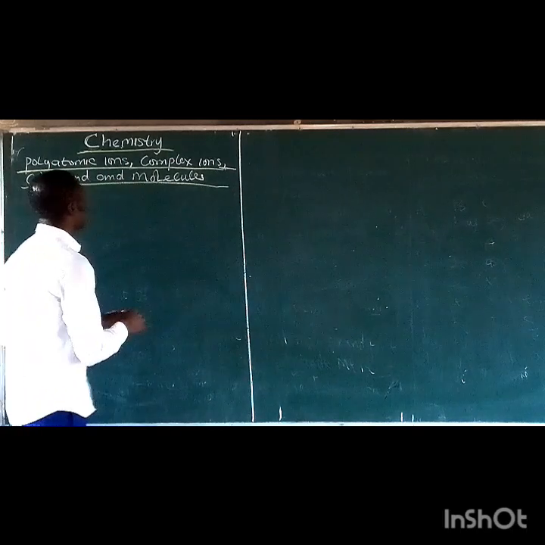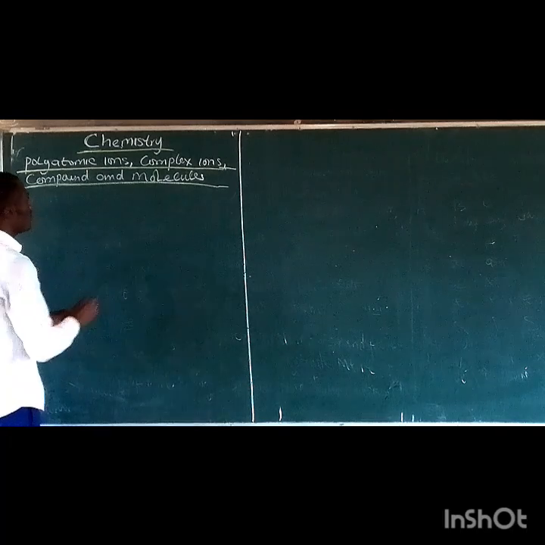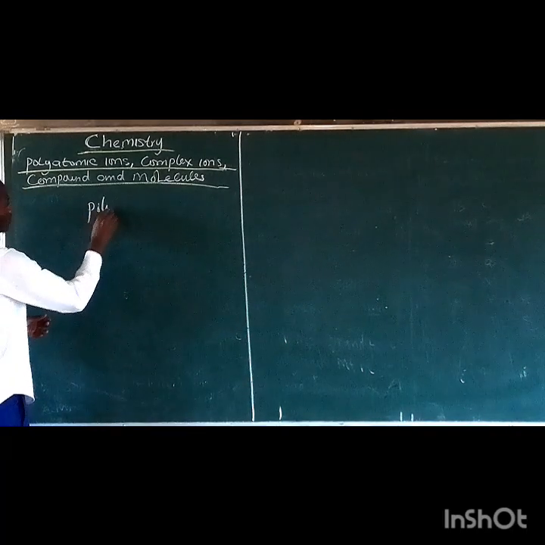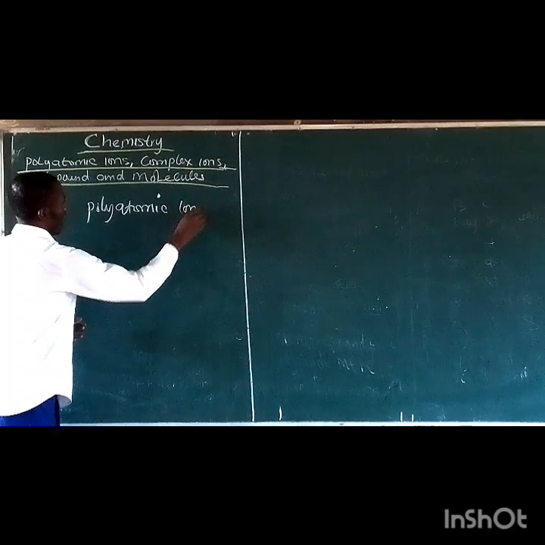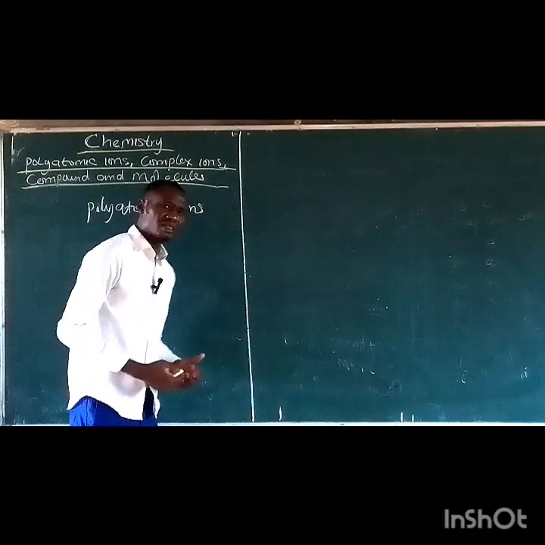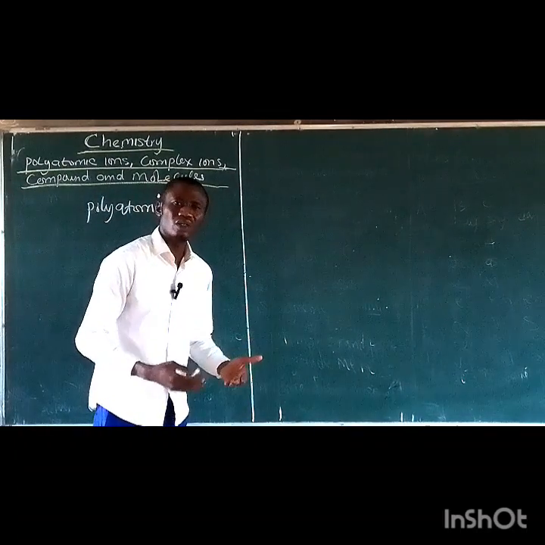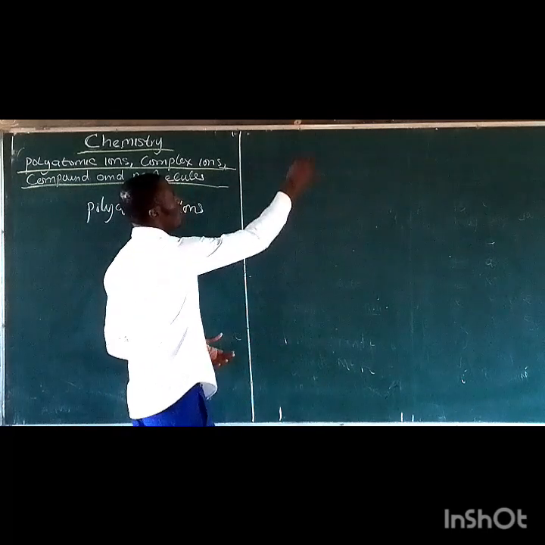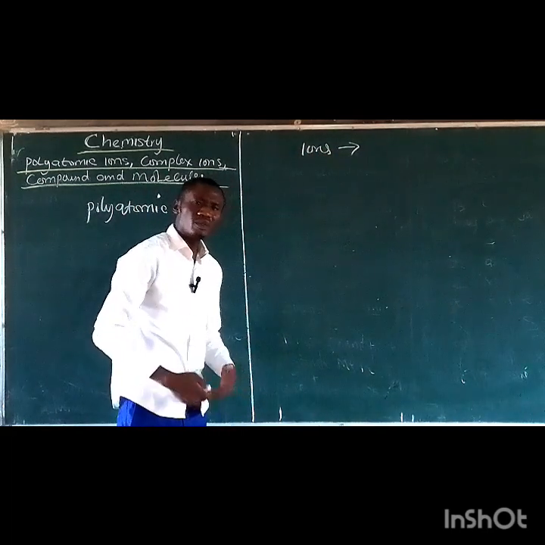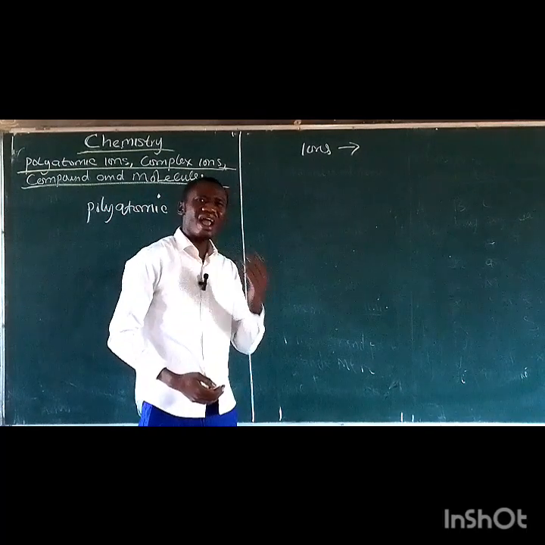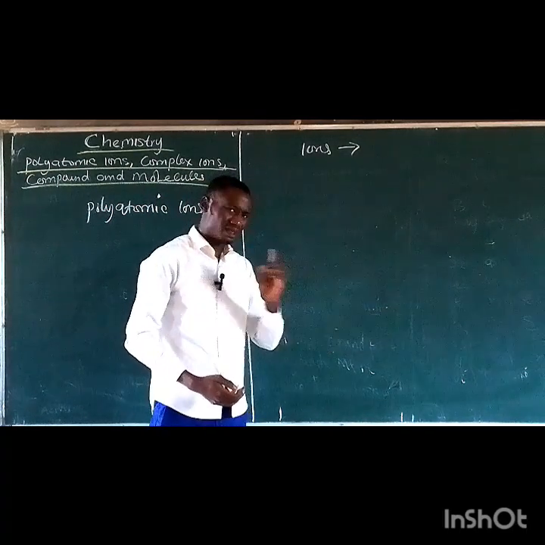What we're going to do is to explain polyatomic ions first. So, what is a polyatomic ion? The first thing is, what is even the word ion? The word ion is simply atoms of elements that are electrically charged. I take it again.